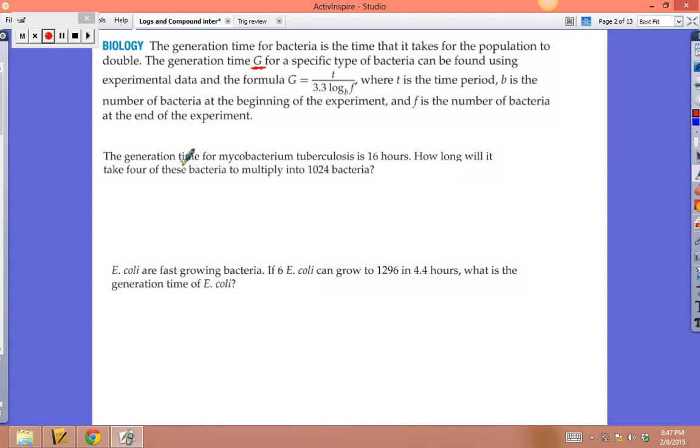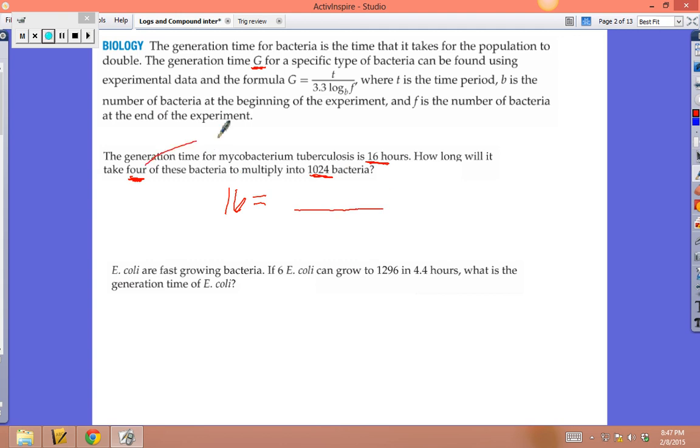Okay, the generation time is 16 hours. So the question is, where do we put the 16? Is that the G, is that the T, is that the B, or is that the F? And the generation time, that's got to be G. So 16 is what it equals. Okay, 4 bacteria are going to multiply to 1024.